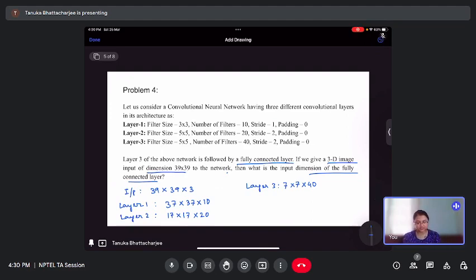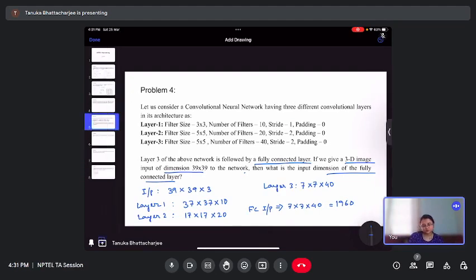The dimension of that flattened array will simply be 7 cross 7 cross 40, which is 1960. So, this will be the dimension of the input to the fully connected layer. So, that is it for this problem.